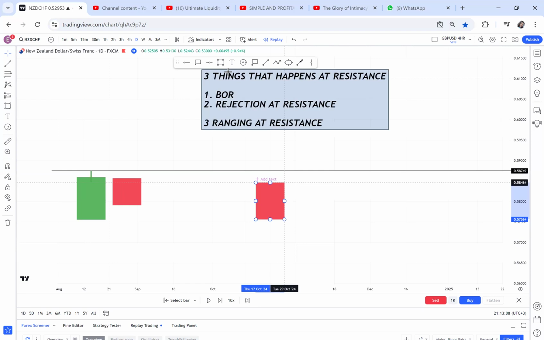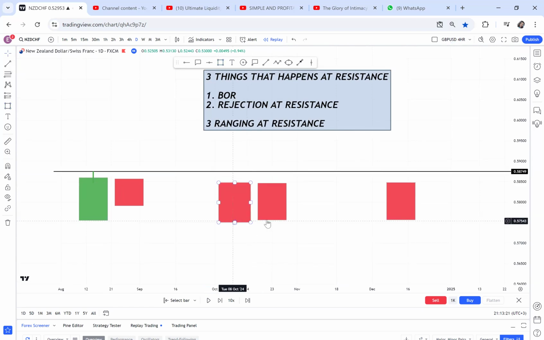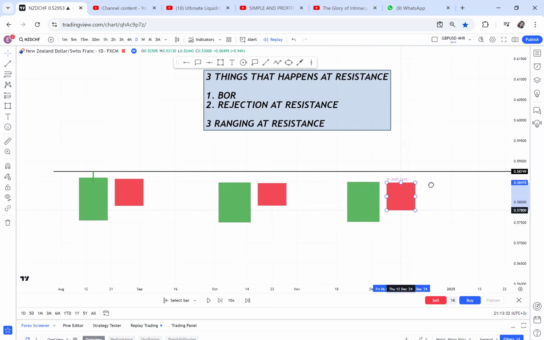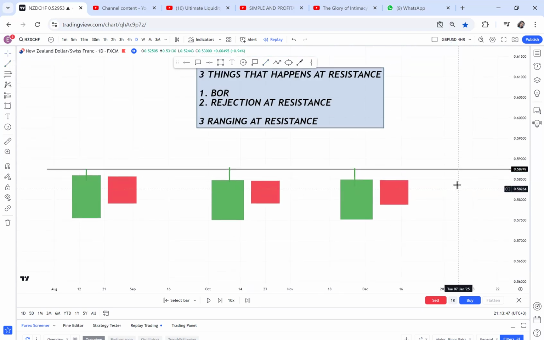Resistance is created when a green candle is followed by a red candle. I want to show you the outcome. Any outcome can come to you. We don't choose the outcome that resistance will do.